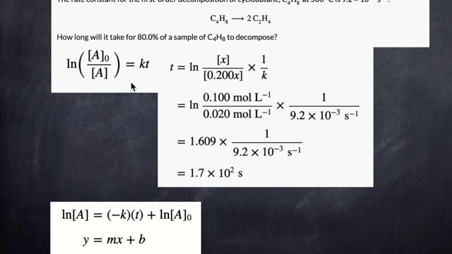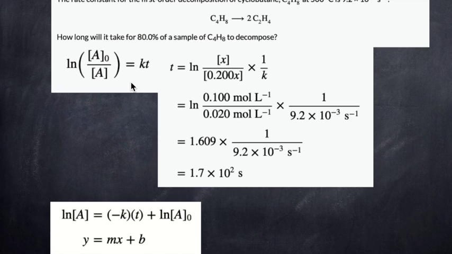Now, at the bottom here, we can see the equation translated to a slope-intercept form. So this is useful if you want to graph given data values, like you're given the natural logarithm of A as the y variable and time as the variable in the x-axis.